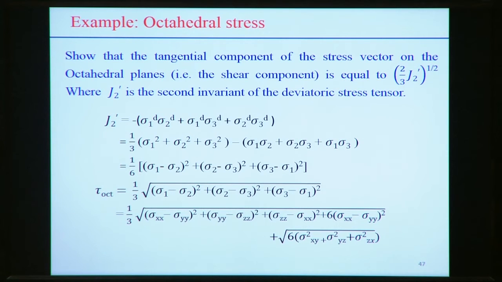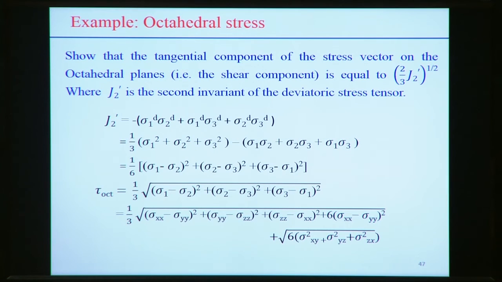Now let us look into a problem where we need to show that the tangential component of the stress vector on the octahedral plane, that means the shear component, is equal to the square root of 2/3 of J2 dot, where J2 dot is the second invariant of the deviatoric stress tensor.